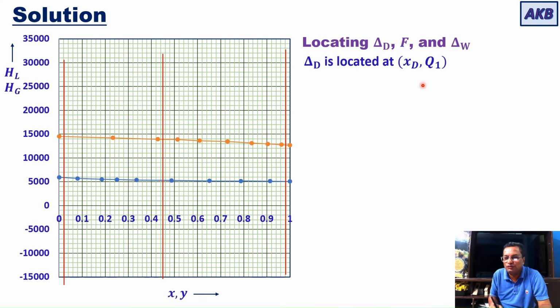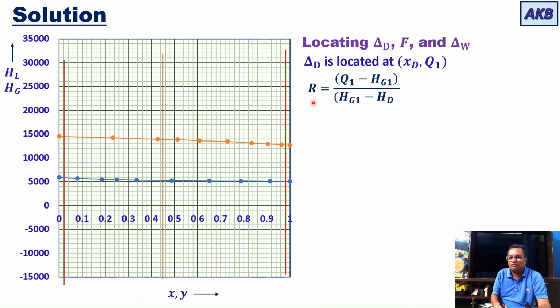We don't know the value of Q1, and we are going to get that from the equation for reflux ratio. What is the equation? R is equal to Q1 minus Hg1 divided by Hg1 minus Hd. R is known to us. We are supposed to do the calculations for an operating reflux ratio of 2.5. Q1 we are supposed to get. Now the question is how to use the values of Hg1 and Hd.